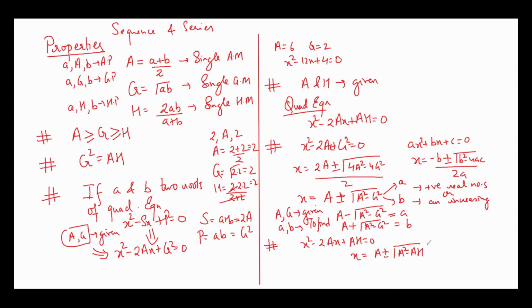So one of them will be a and another will be b. So the type of question we get is that a and h are given to us, and we have to find a and b. Okay, so now I'm solving questions using these properties. So these are my questions.